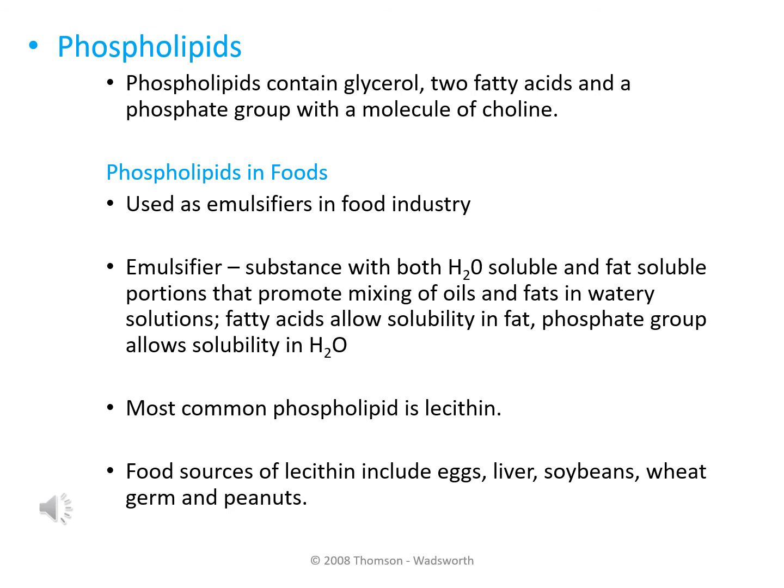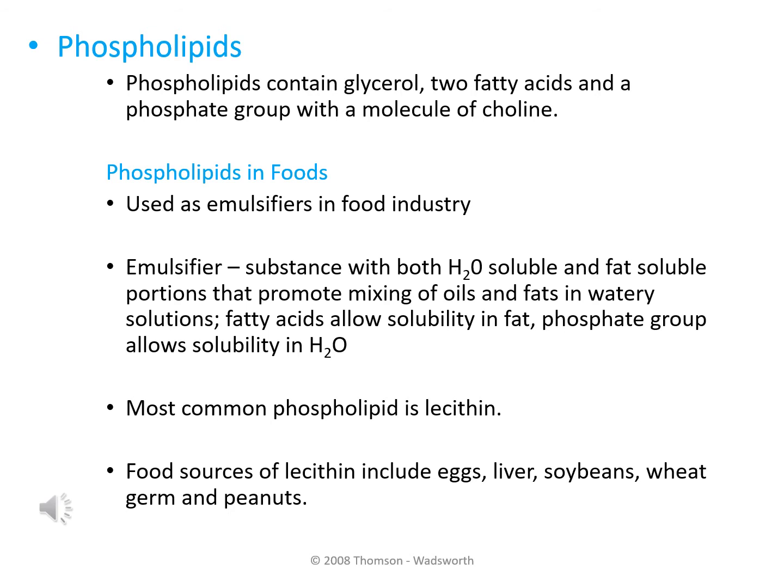An emulsifier is very simply a substance with both water-soluble and fat-soluble portions that help to promote the mixing together of oils and fats in watery solutions. The fatty acid component allows for solubility in fat, whereas the phosphate group allows for solubility in water.